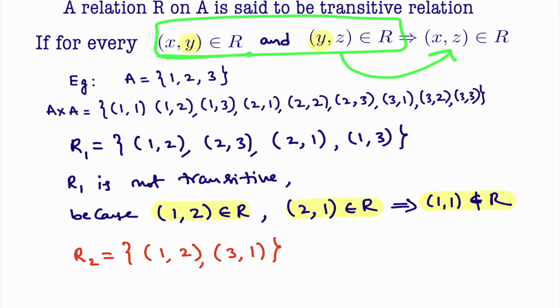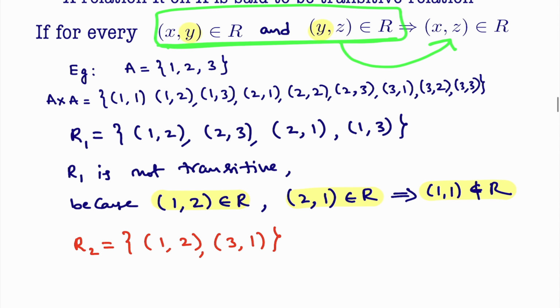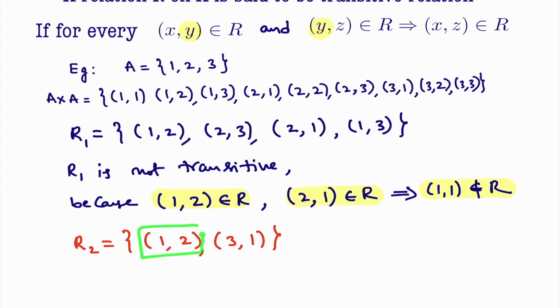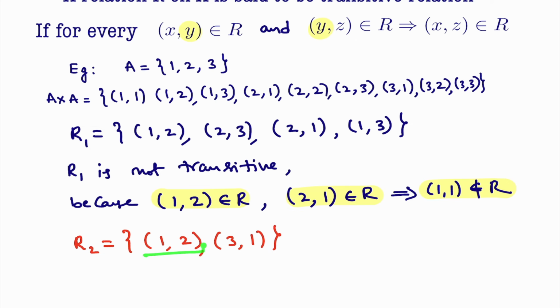If such ordered pairs don't exist, in that case we say that that particular ordered pair passed the transitive test. Here you see, this ends with 2. Does any other start with 2? Nothing starts with 2. So in that case, we say that this particular ordered pair passed the transitive test, right? So for (x, y), we are unable to find (y, z). If (y, z) exists, then we'll look for (x, z), right? Okay, so this element passed the transitive test.